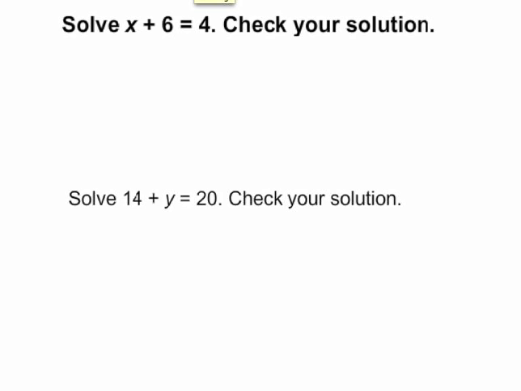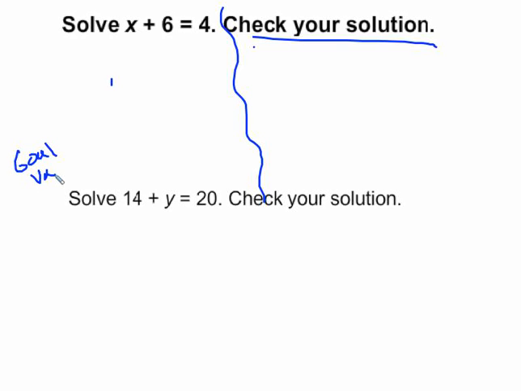So where this becomes useful is when I'm trying to solve an equation. So for example, if I want to solve x plus 6 equals 4, and then obviously we're going to want to check our solution. I'm actually going to draw a line down there so that I remember that I want to check my solution. Anytime I'm solving an equation, my goal is to get to the point where I have a variable by itself equal to some number, or reflexively that number is equal to that variable.